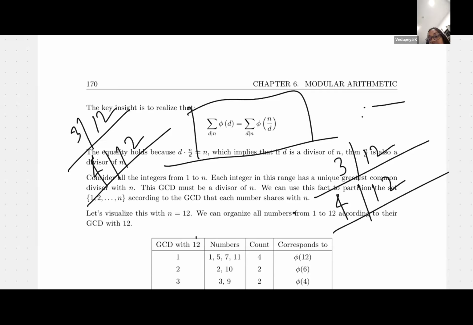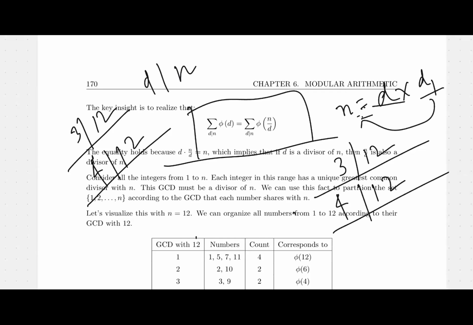So if d divides n, then n upon d also divides n. So n equals d times some d1, which means d1 also divides n.